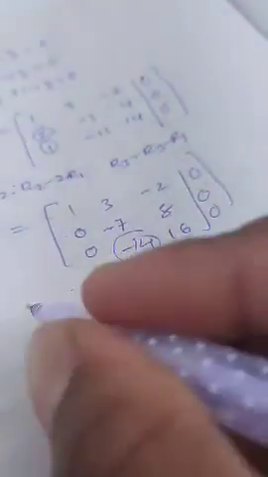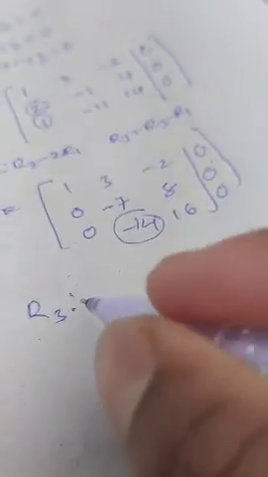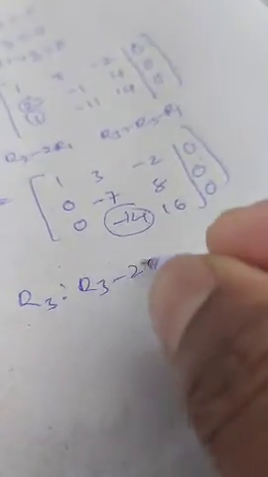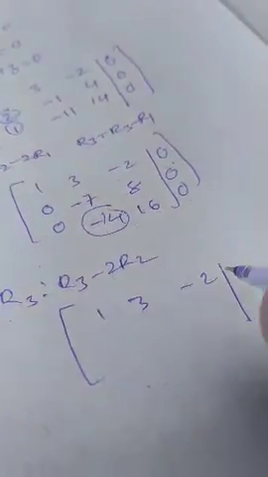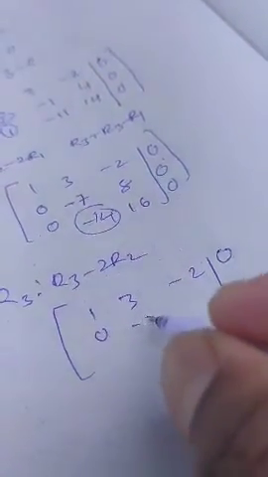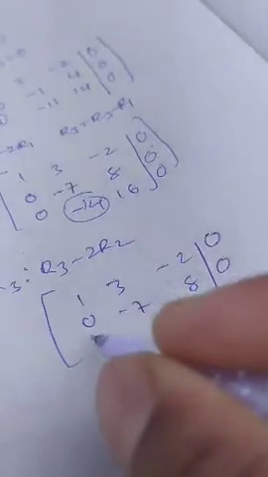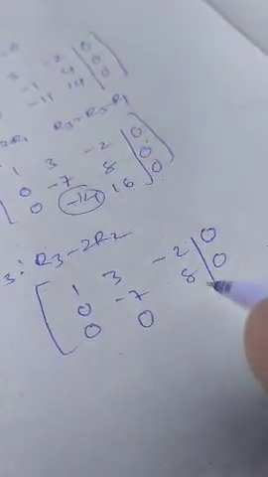Now here make this element 0. So I am changing R3: R3 minus 2R2. 1, 3, minus 2, 0, minus 7, 8, and here 0, 16 minus 16, 0, 0.